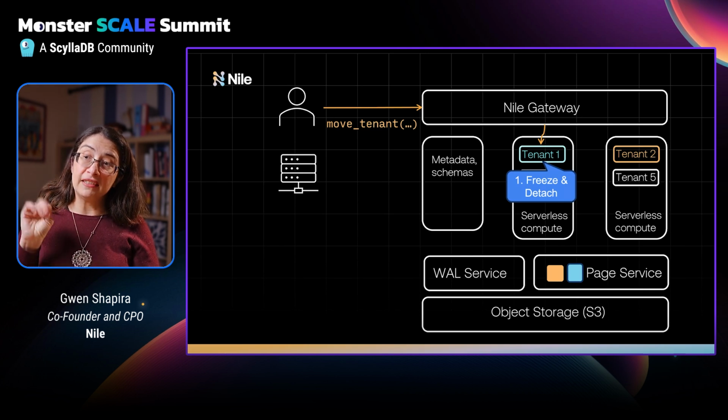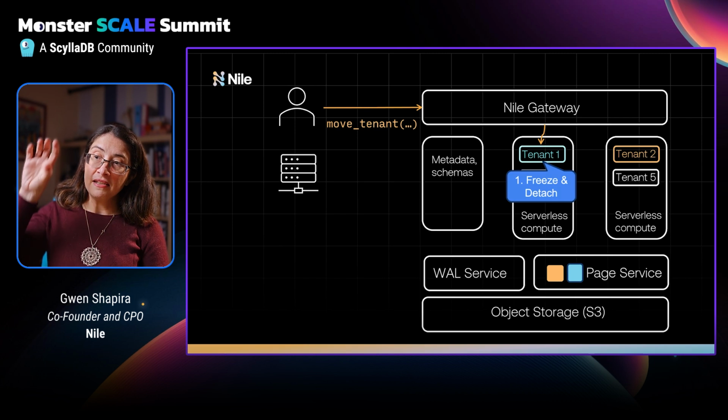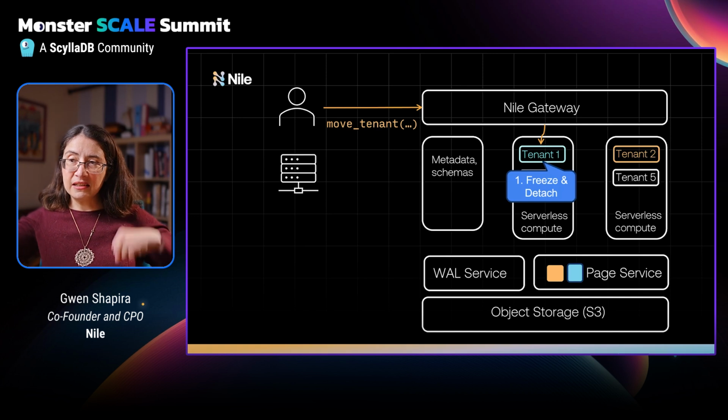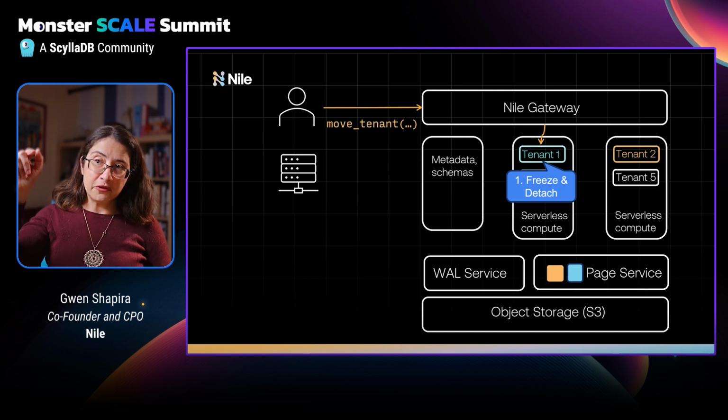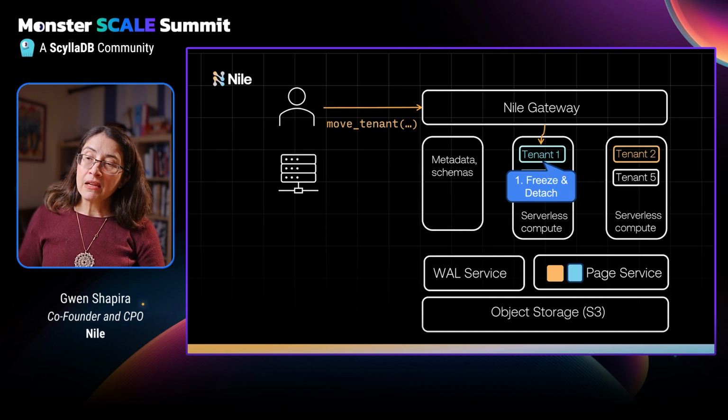And then we do detach. Detach is another Postgres term. It basically says, take this partition away from the table. Every Postgres table has a partition for a tenant. This partition for the tenant is no longer part of that table, meaning for all intents and purposes, this tenant is now offline.